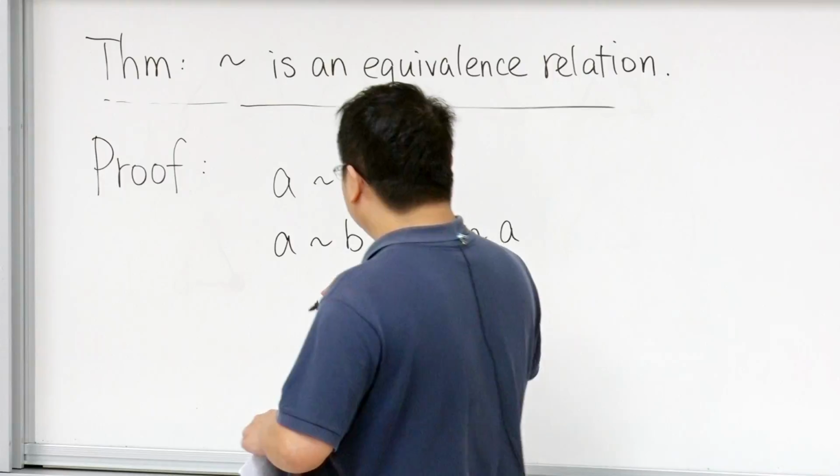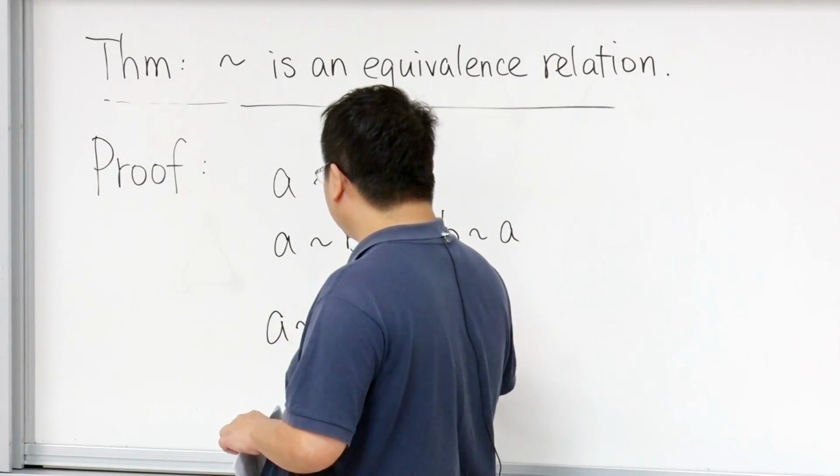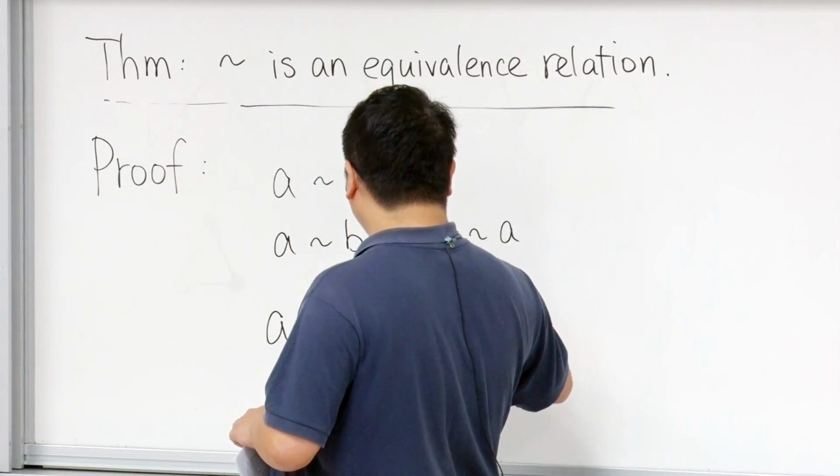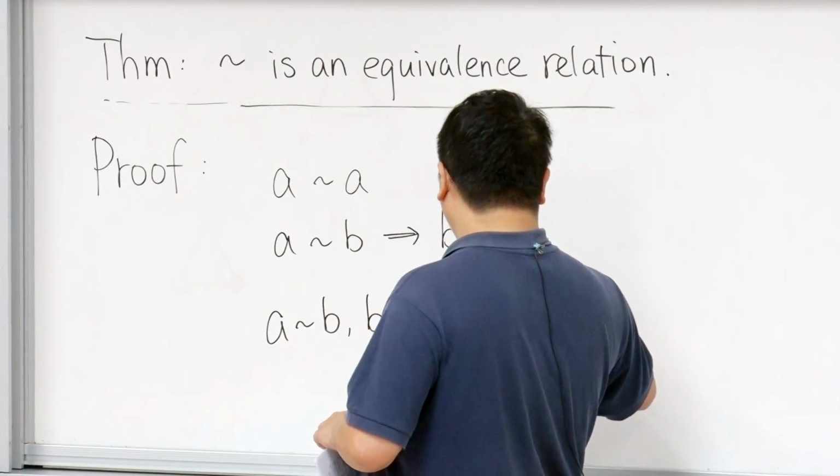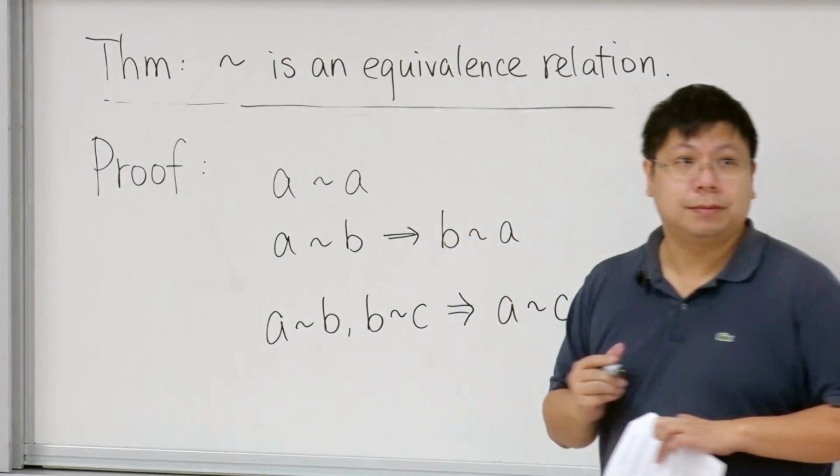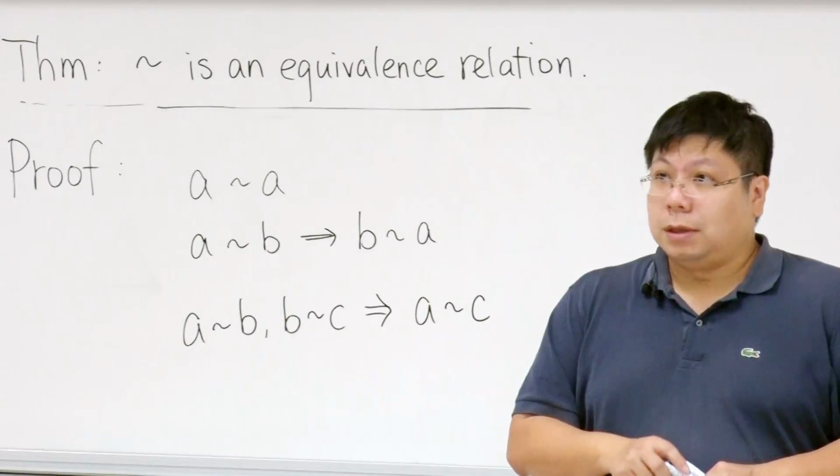Good. Another: if A is related to B and B is related to C, then A is related to C. That's easy.